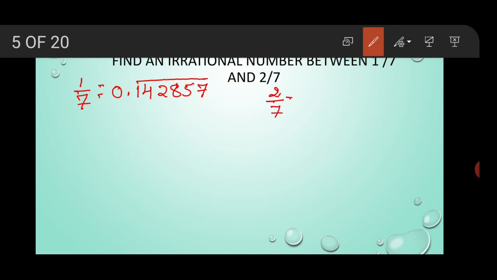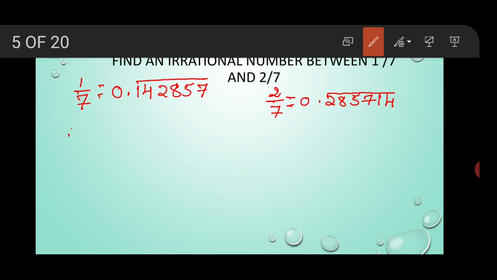Similarly, 2 by 7 is equal to, you can check the answer also, 0.285714, 285714, 285714 on and on. So the repeating block is this much.